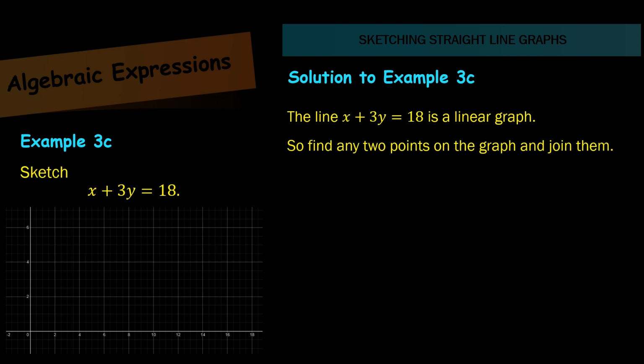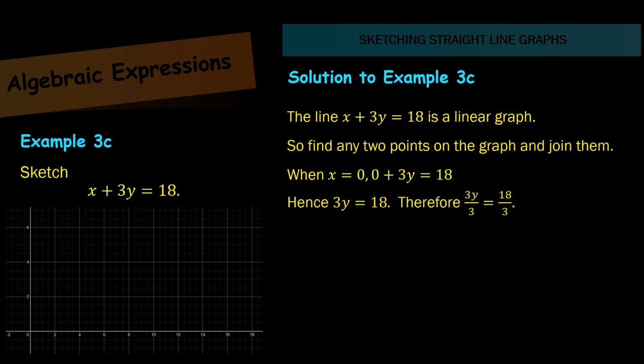When x equals 0, plug in the values in the equation. Rearrange to give 3y equals 18, and then divide by 3, giving y equals 6. And now find the other point.